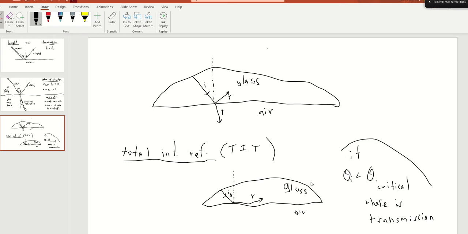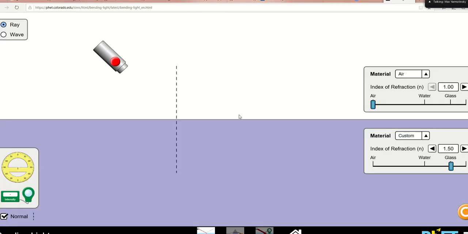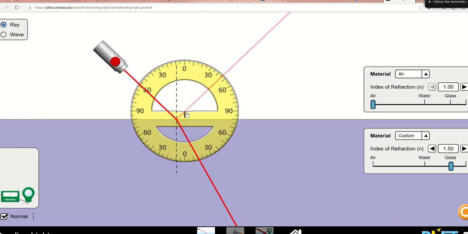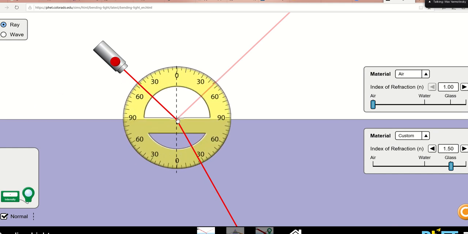So what you do in the lab is you want to test out these ideas. You're going to take your light ray and shine it, and for part one, you take your protractor and measure these two angles.